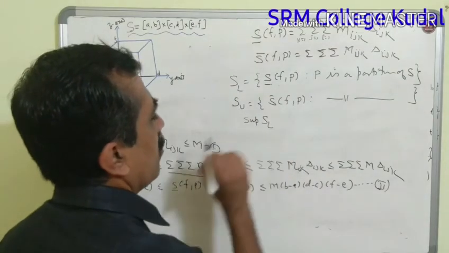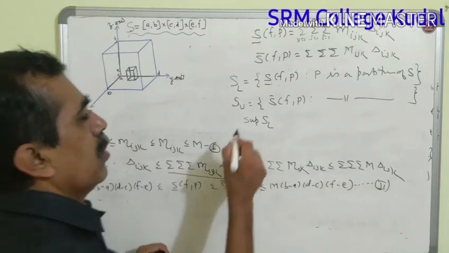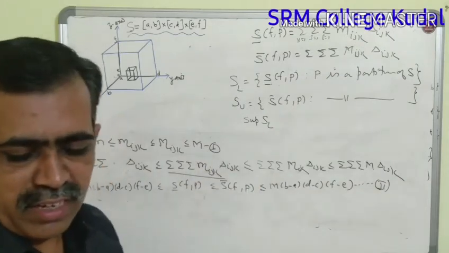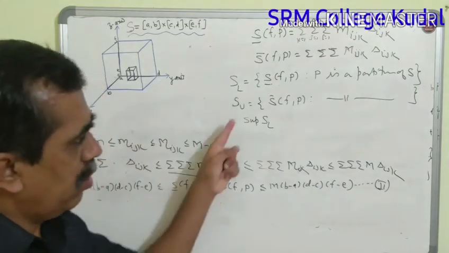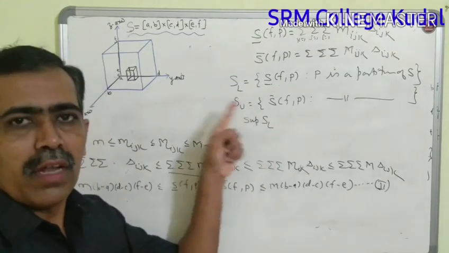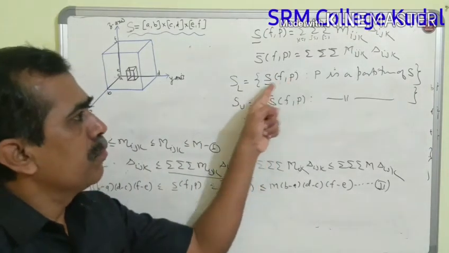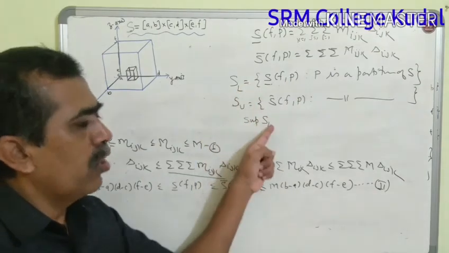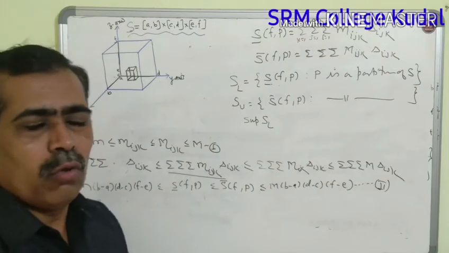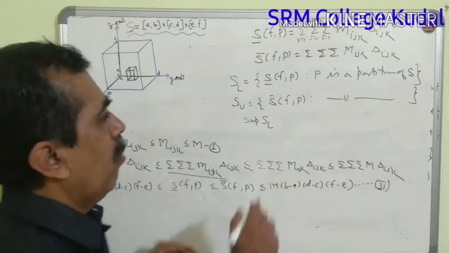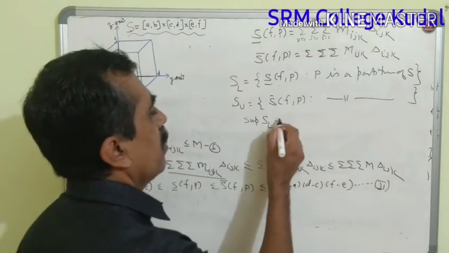Supremum of this set means the largest lower sum. The largest lower sum is called the lower triple integral of function f.